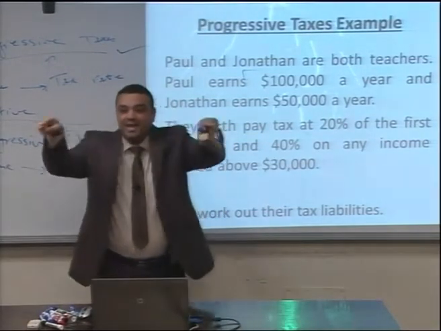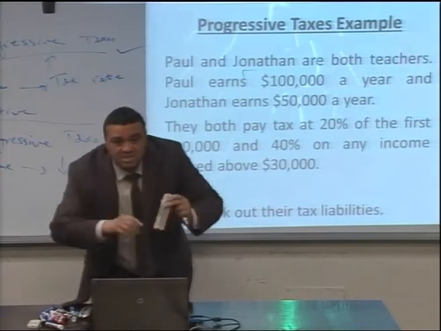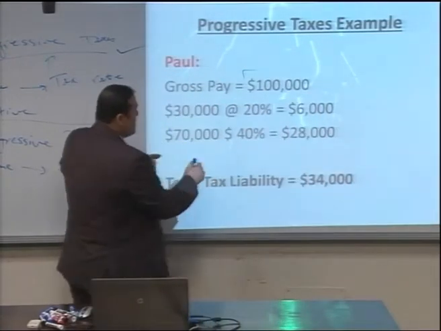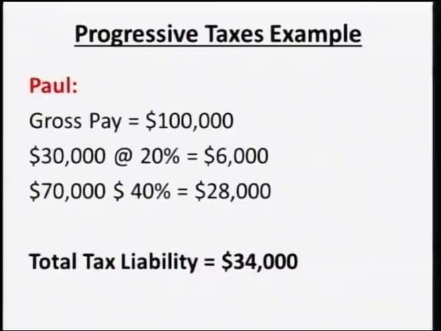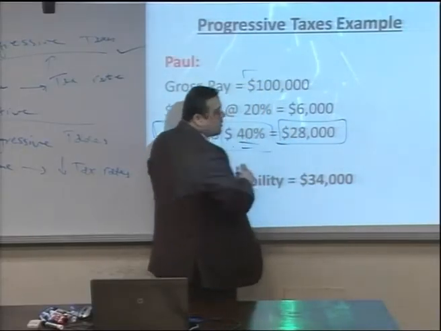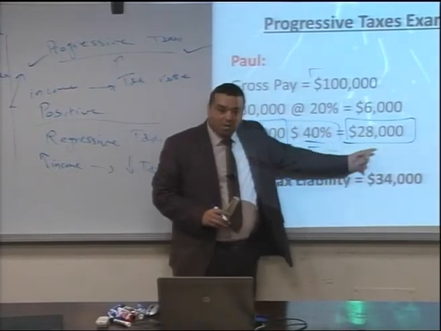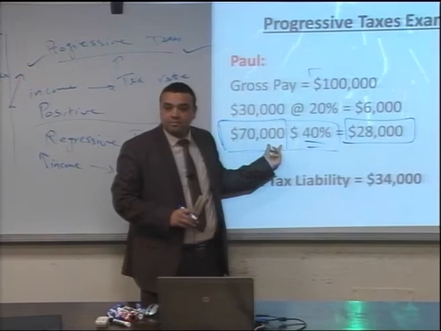How much is the income above 30,000? 70,000. How much does he pay here? 40%. So $28,000 on this part of his income.